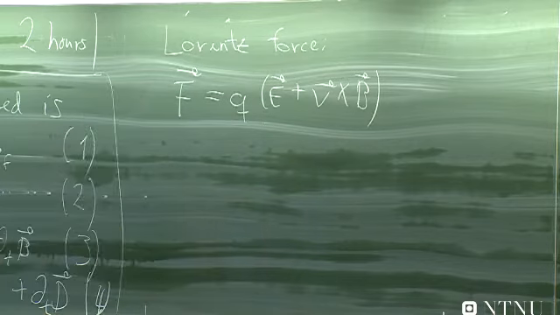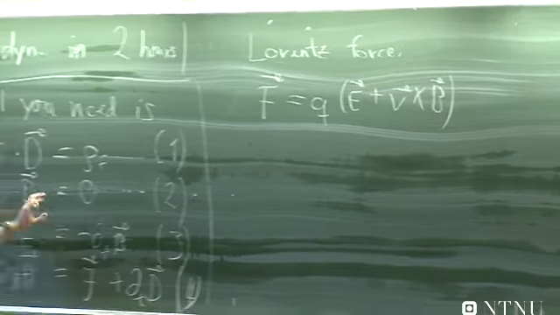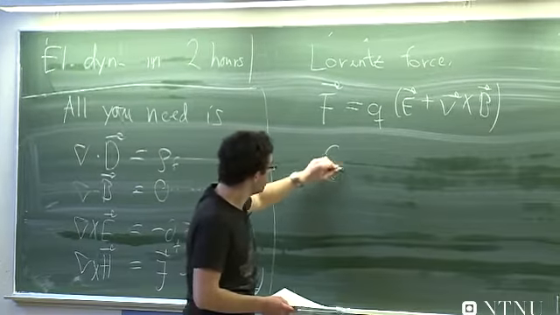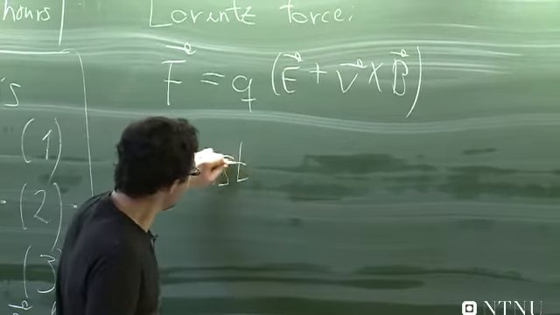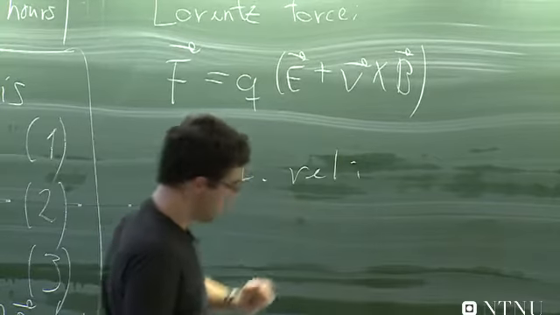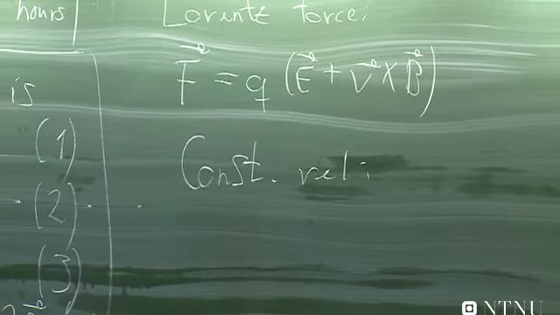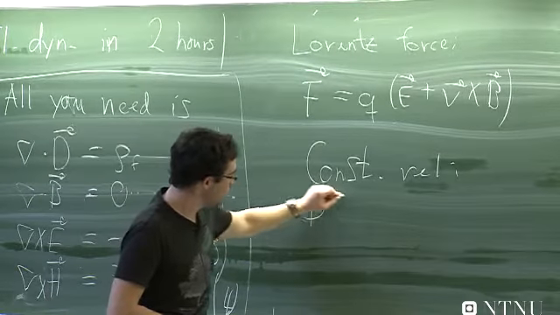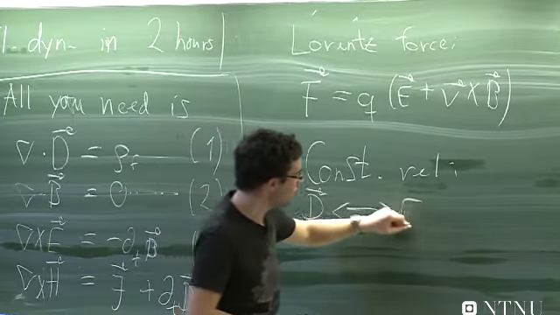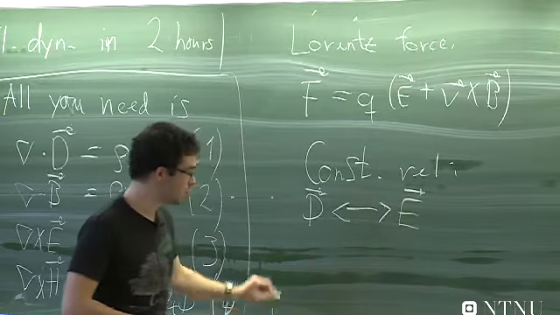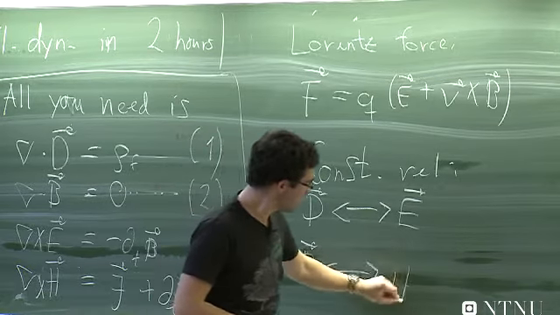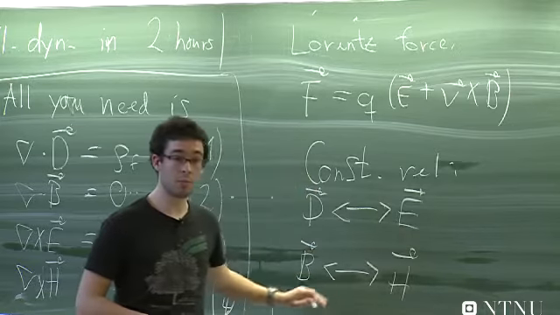And finally, to make any sense of these equations, we need the constitutive relations for the material that we're discussing. And these are some sort of mathematical entity that connects D with E and B with H. In general, these can be very complicated.